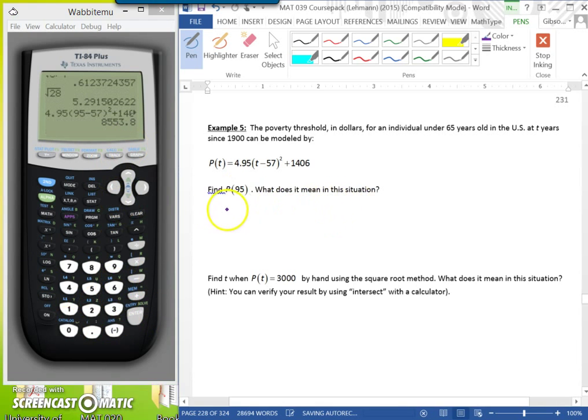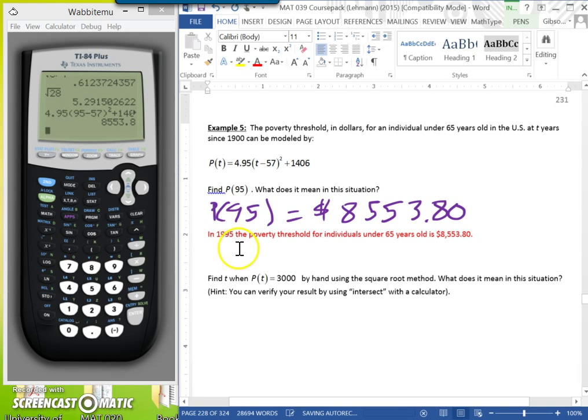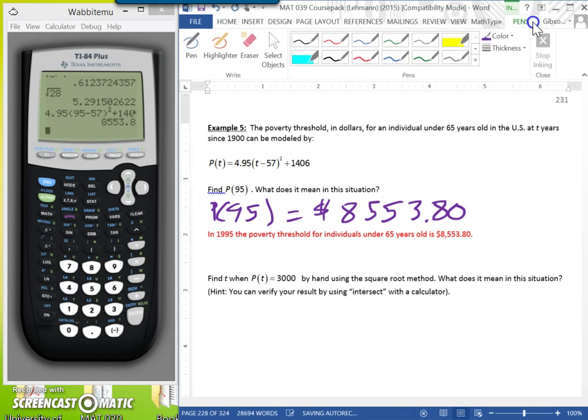Now, this would mean that P of 95 is equal to $8,553.80. And it asks us, what does it mean in this situation? In 1995, the poverty threshold for individuals under 65 years old is $8,553.80. That is what is meant by the P of 95.